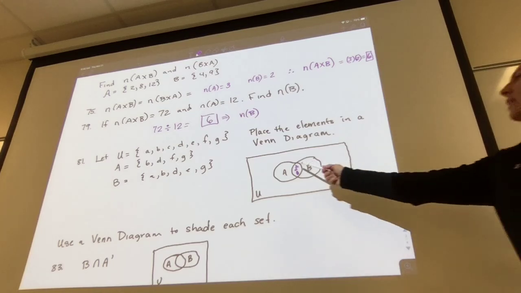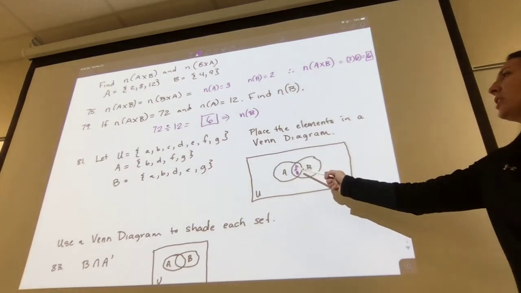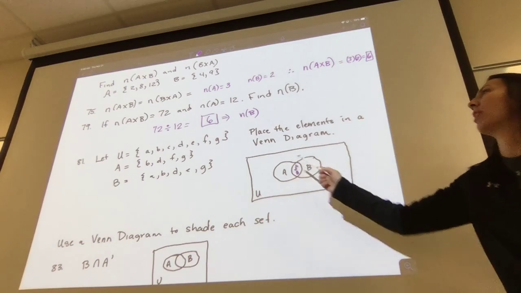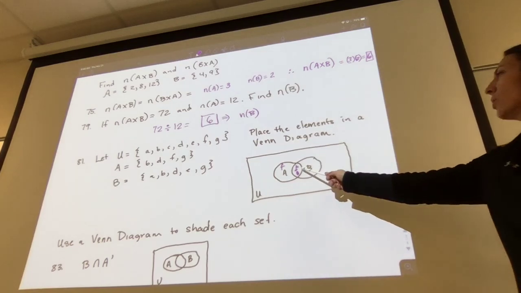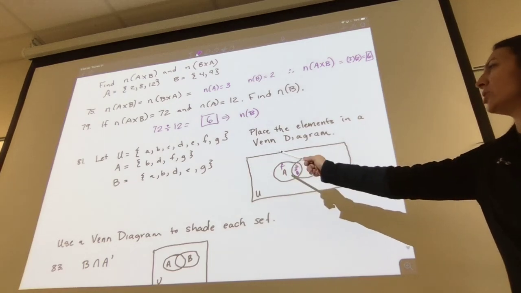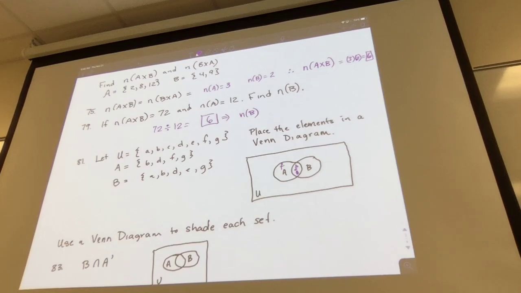I'm looking for what's left in A that we didn't use. We already used B, D, and G. So what's left? Just F, right? So we're going to put F. And we need to know what's in B that we didn't already use. B, D, and G are used, so what we have left is A and E. So we would put A and E in there.